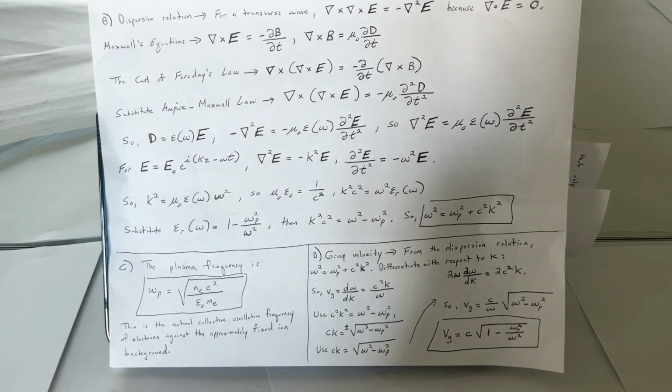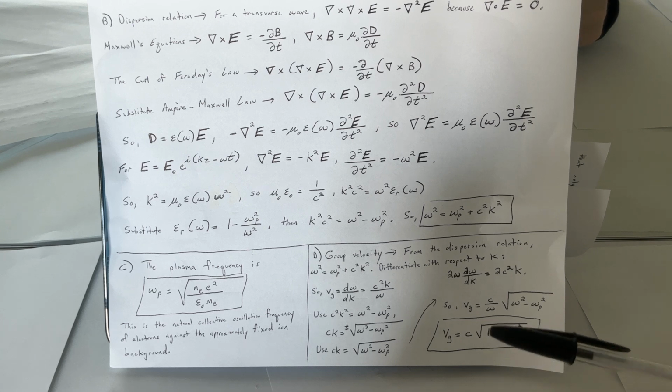So what we get here is V sub G equals C over omega times the square root of omega squared minus omega sub P squared. So V sub G equals C times the square root of 1 minus omega sub P squared over omega squared.